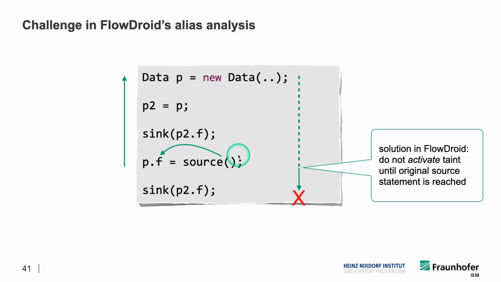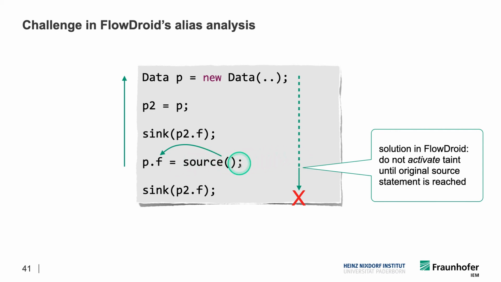So that basically meant that if we had such taints that come down from here, taints that are created from the alias analysis basically, then at first they would be inactive. So they are being propagated and we track their aliases and so on, but they wouldn't really trigger a taint analysis warning unless they would later on be activated.